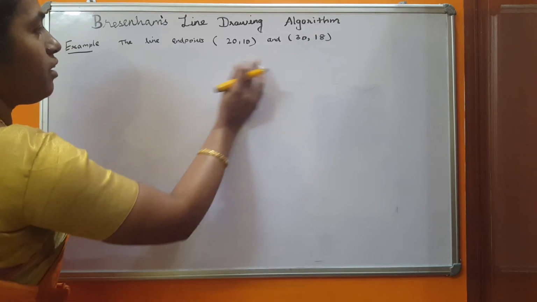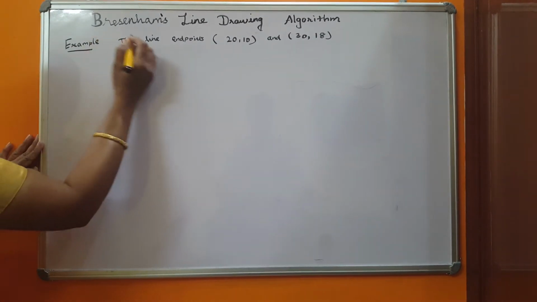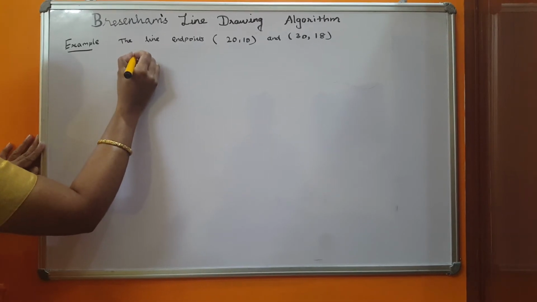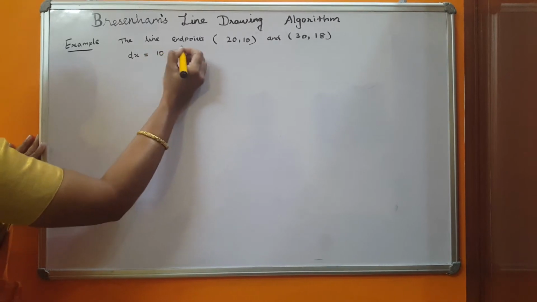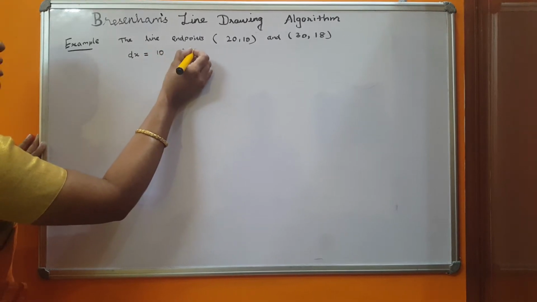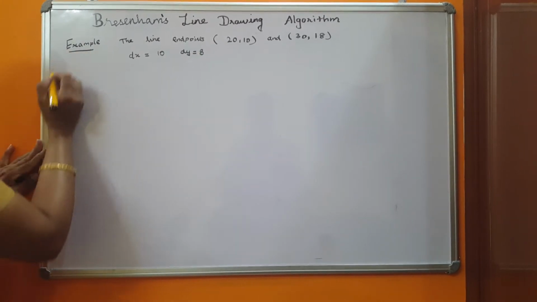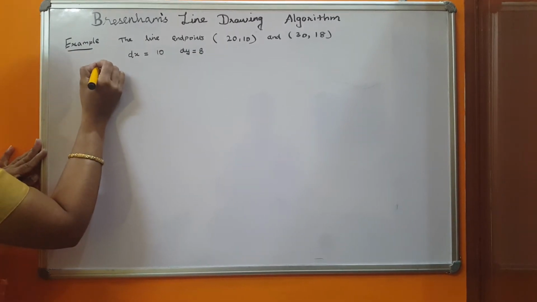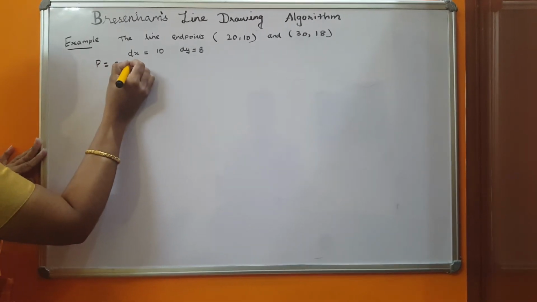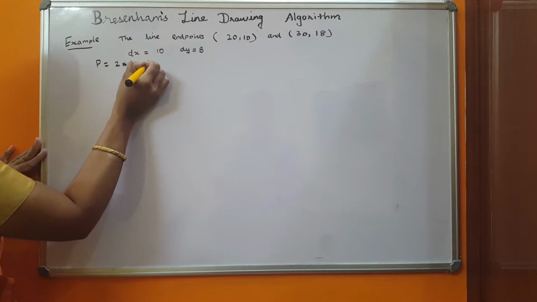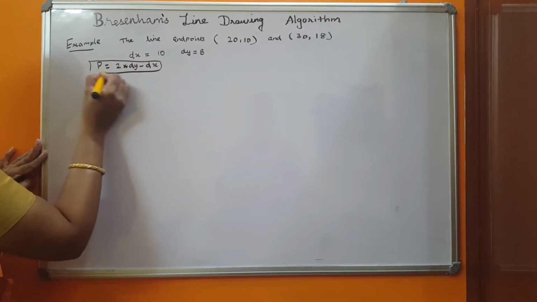Now we draw the line for these endpoints where dx equal to 10, difference of x value, dy equal to 8, difference of y value. Initial decision parameter value p equal to formula 2 asterisk dy minus dx. This is the initial decision parameter formula.